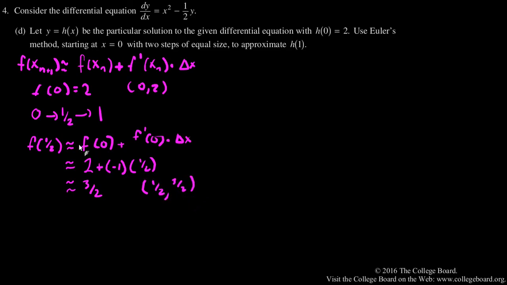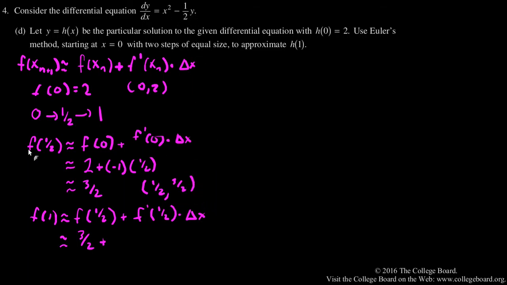And then I take another step. So I went from 0 to 1/2. Now I'm going to go from 1/2 to 1. So f of 1 is approximately f of 1/2 plus f prime of 1/2 times that change in x. F of 1/2, we said was approximately 3/2. F prime of 1/2, well, I put 1/2 and 3/2 into this.